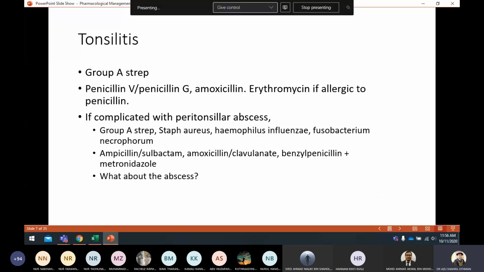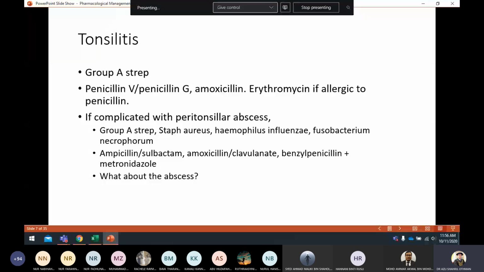So let's take a few examples of the drugs that are used for the treatment of URTIs, upper respiratory tract infections. For example, something that some of you may suffer from time to time.